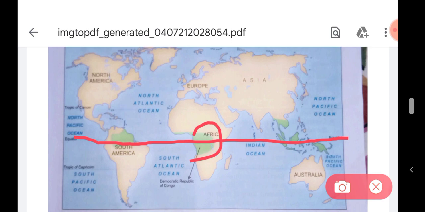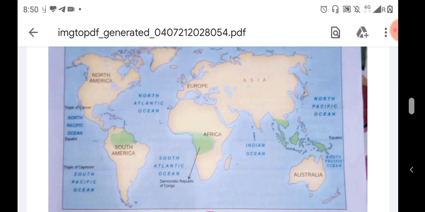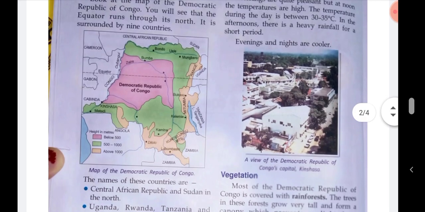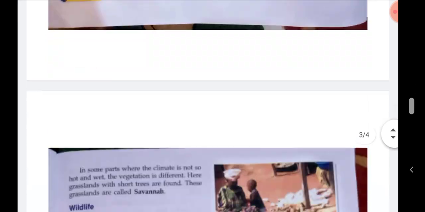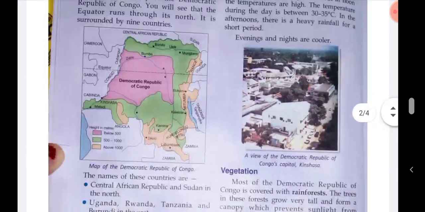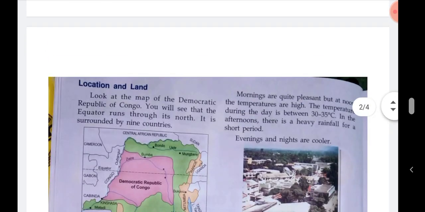The temperature during the day is between 30 to 35 degrees Celsius in the afternoon, and there is heavy rainfall for a short period. So evenings and nights are cooler, but afternoons are hot because this place is near the equator, and you know that near the equator the places are known as the torrid zone, and these places are hot and humid. The mornings and nights are pleasant, but in the afternoon the temperature is very high.